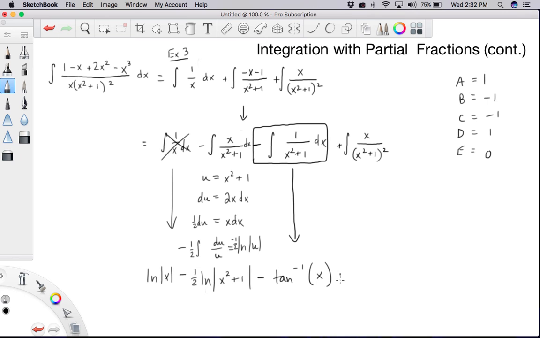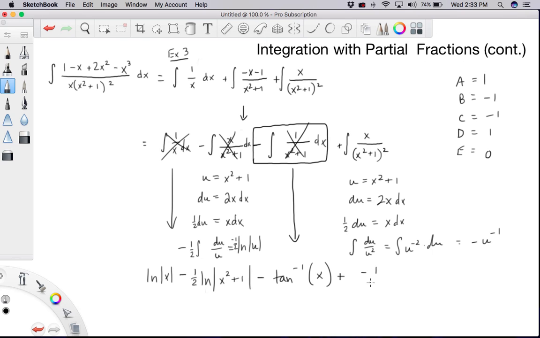And then this next one, this fourth piece, is also going to be a u substitution. u is going to be x squared plus 1 again. So this is going to work out in a similar fashion, except for 1 over u. Now we have u squared, which is u to the negative 2. So this is going to work out to be negative u to the negative 1.